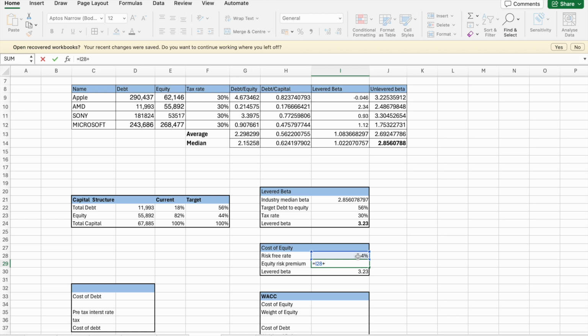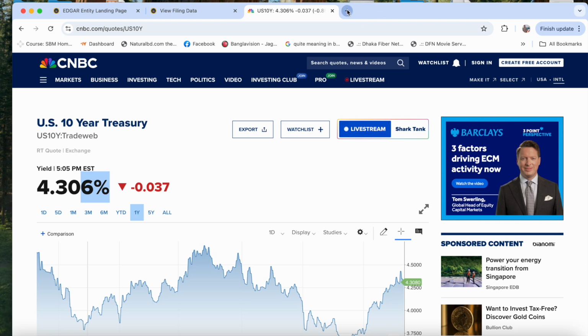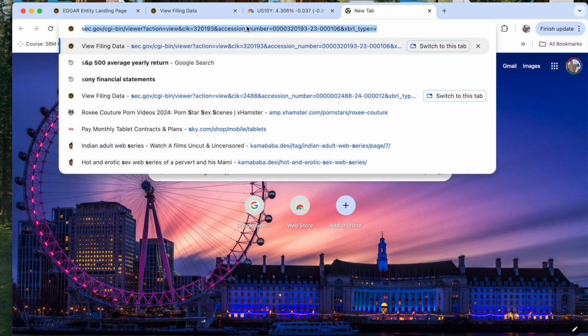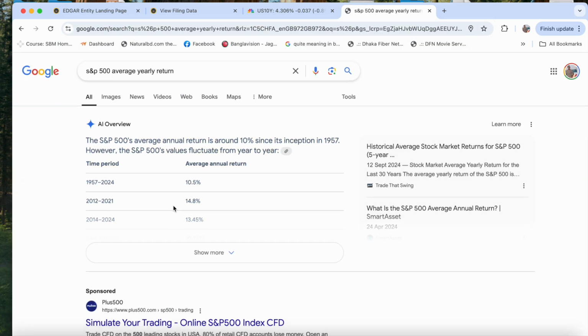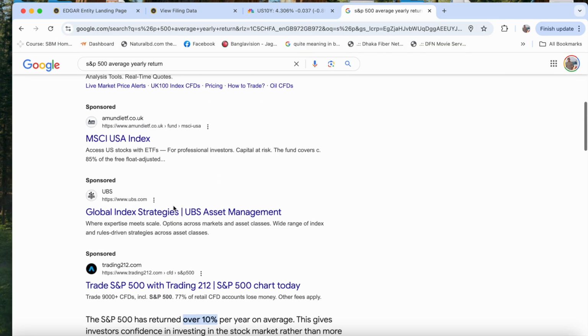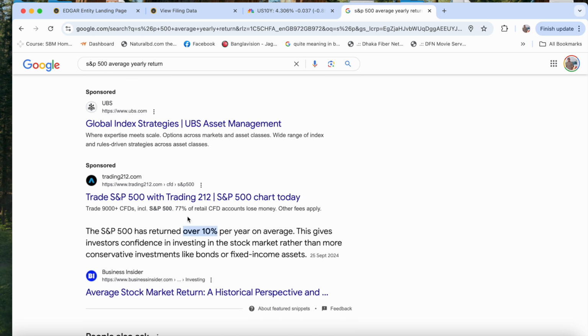To get the return of the market, we can simply take the return of the S&P 500, because this represents the return of the market. So simply write S&P 500 return. Take the return till today. Take the average. Here you can see 10.3%, over 10% on average.